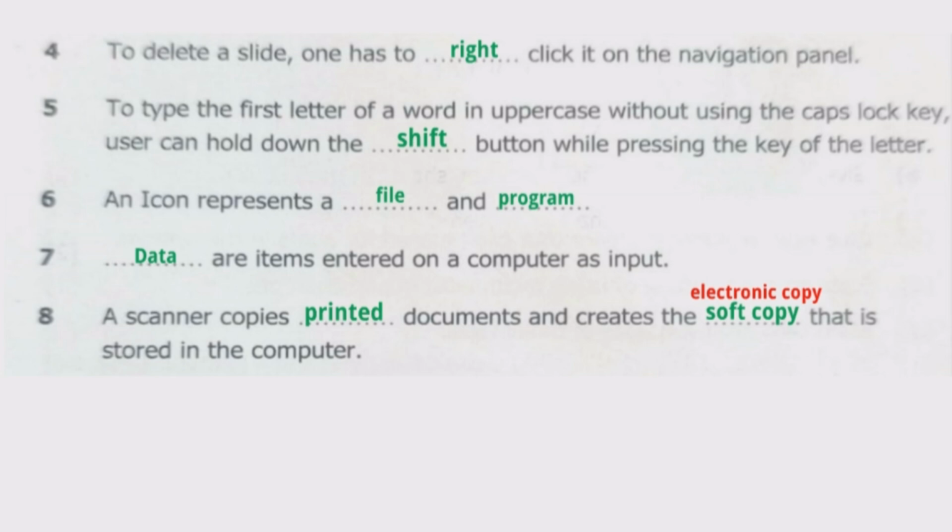But when you say printed, it's definitely talking about what is printed somewhere. It can be on paper or on cloth. So when you scan it, it becomes a soft copy, and it can be stored in the computer. So the correct answer there is printed and soft copy, just like I've written.